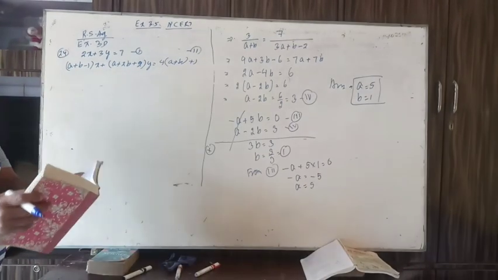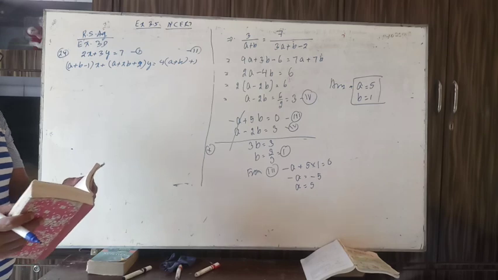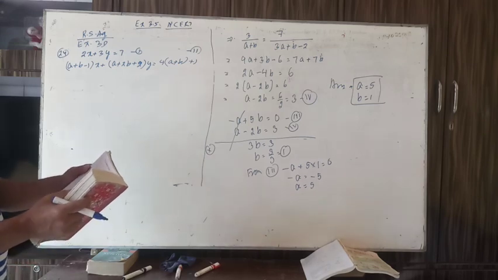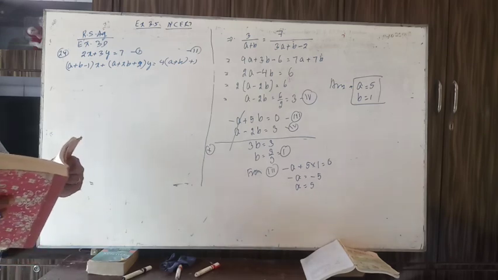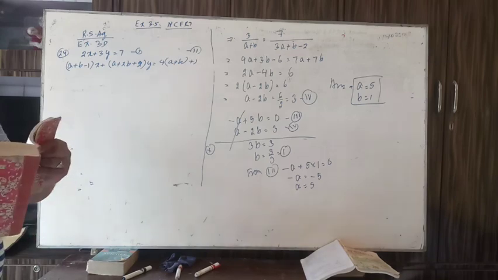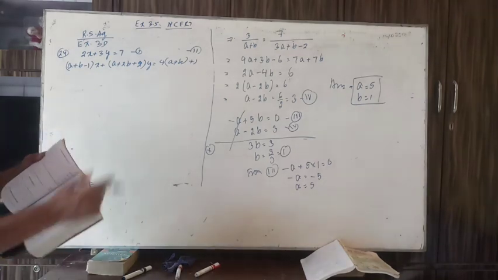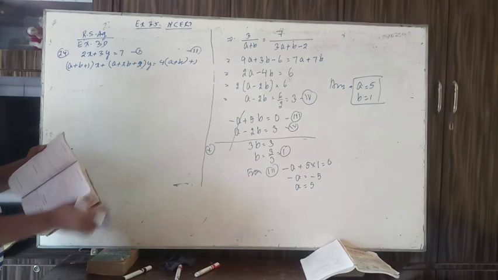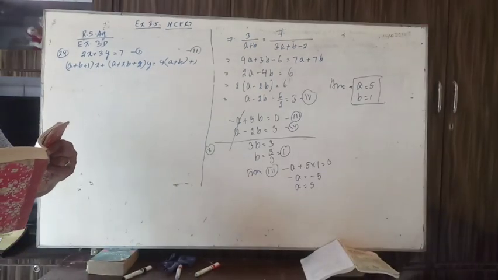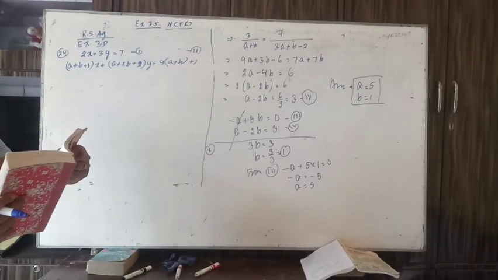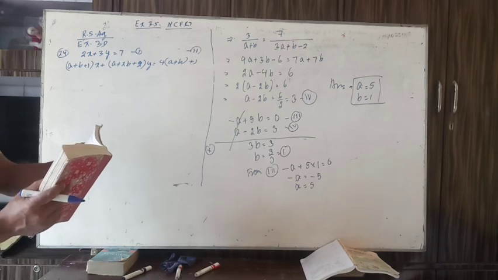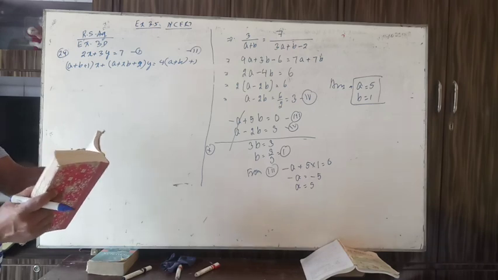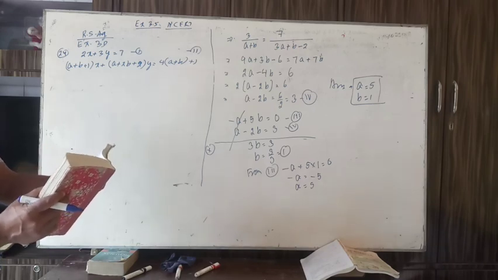Once more, let me check this question. 2x plus 3y is equal to 7, and here I wrote a plus b plus 1, x, a plus 2b plus 2, y is equal to 4 into (a plus b plus 1).